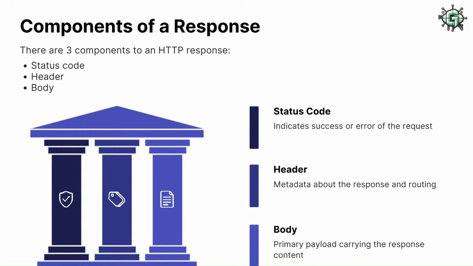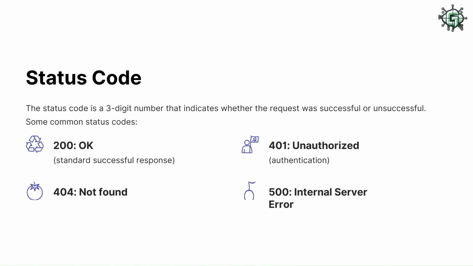If everything is fine, the status code is 200, and you won't see anything, because then everything has worked. Mostly you would be seeing 404, not found, meaning the resource doesn't exist. And 500 is an internal server error; you will be seeing it later. So these are status codes.